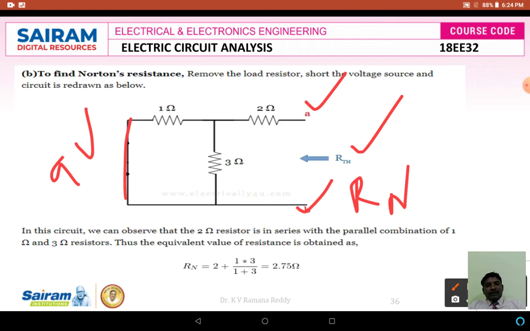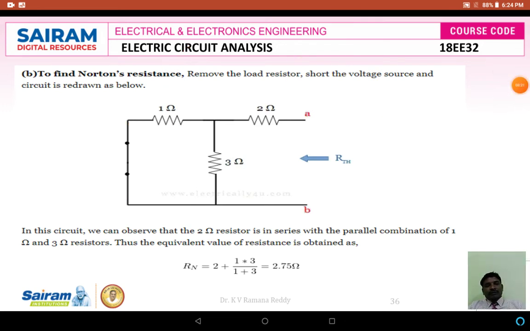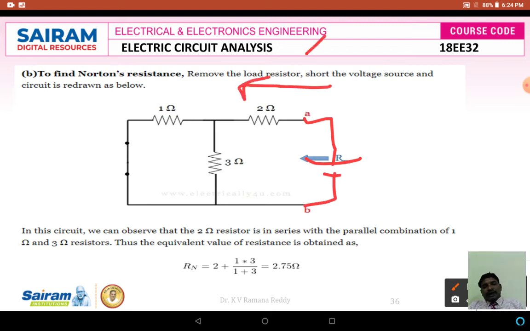To find the value of Rn, I want to know the relation between 1 ohm, 3 ohm and 2 ohm. To find this relation, let us imagine how the currents will flow if there is a voltage source across the terminals AB. It drives a current, for example the total current IT.